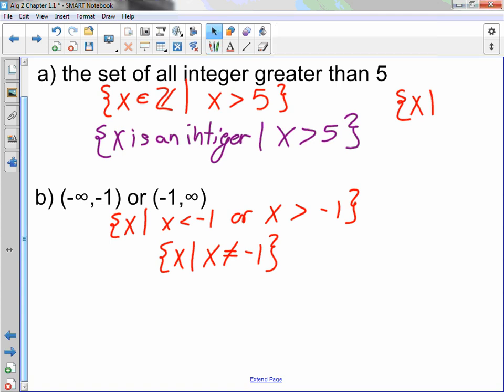I don't know how mathematically inclined this is, or notation, but I believe we could probably do this here: parentheses negative infinity, comma infinity, then what is that? Apostrophe negative 1 in brackets.